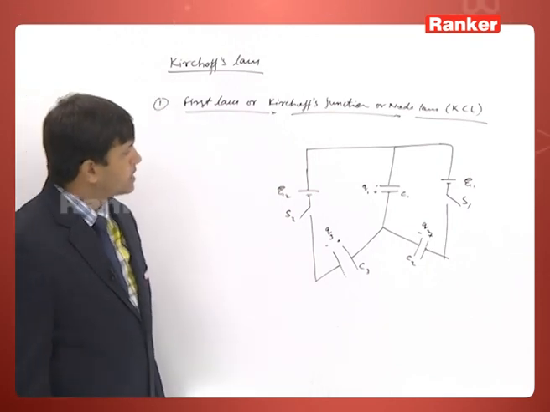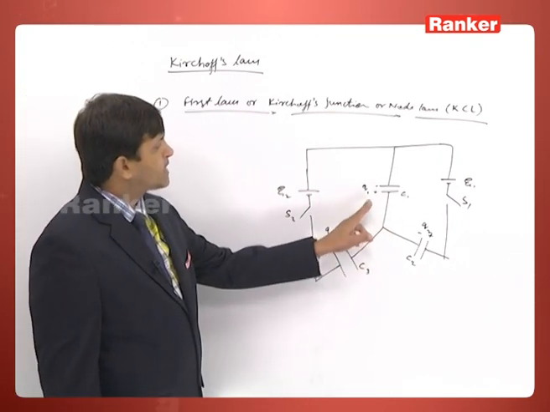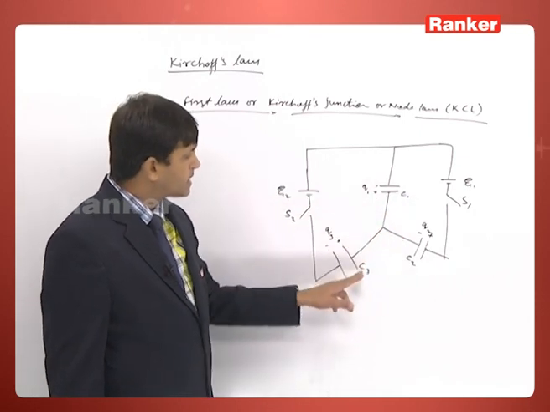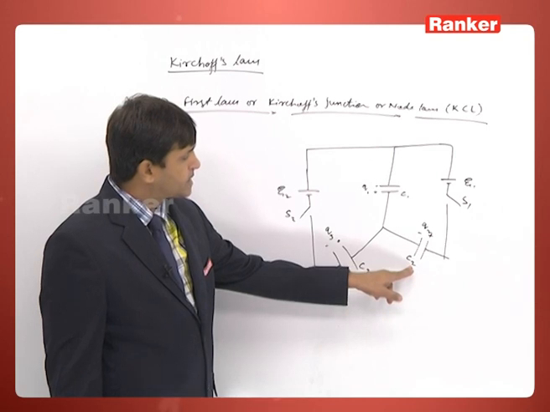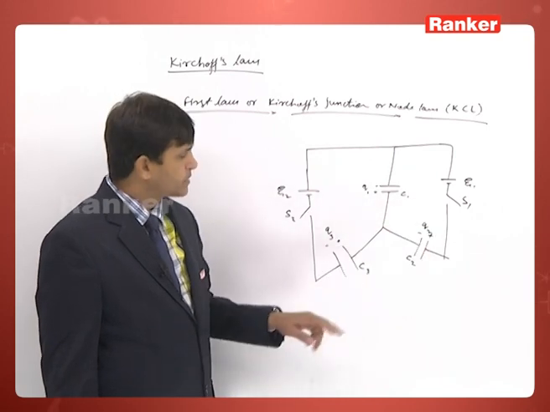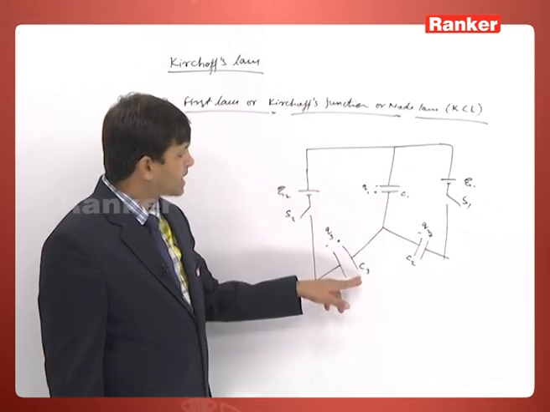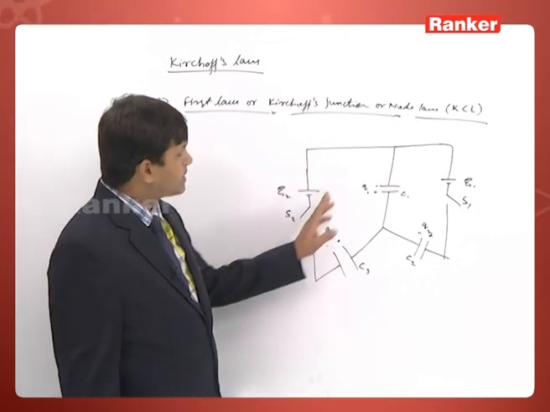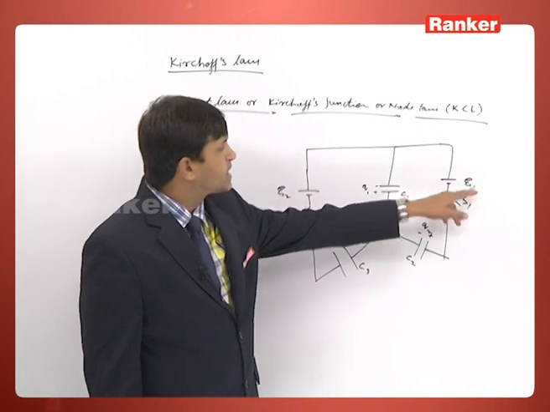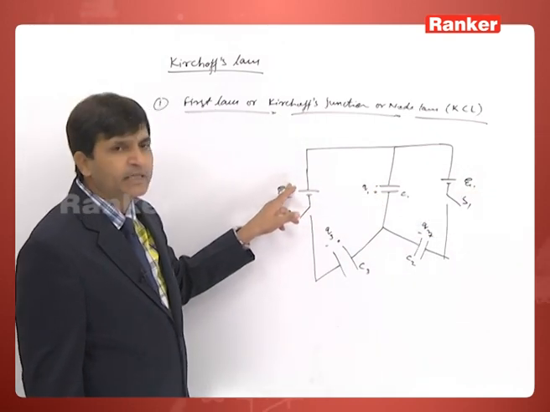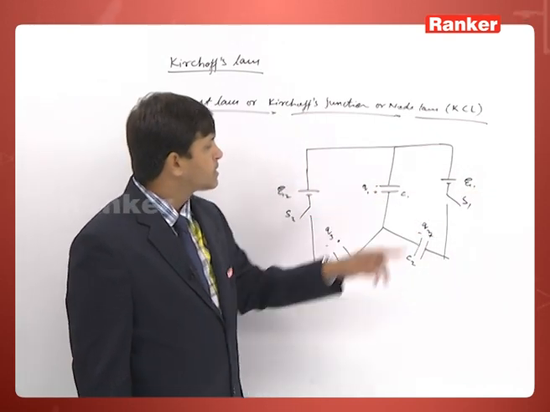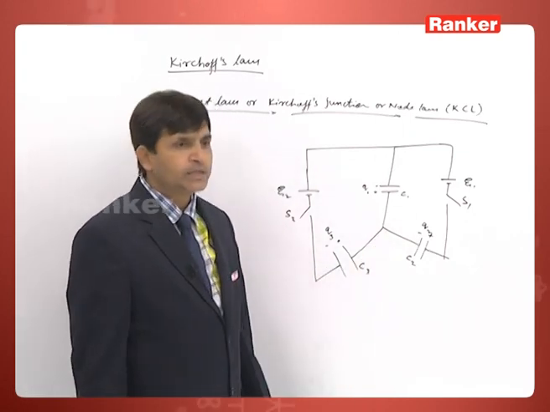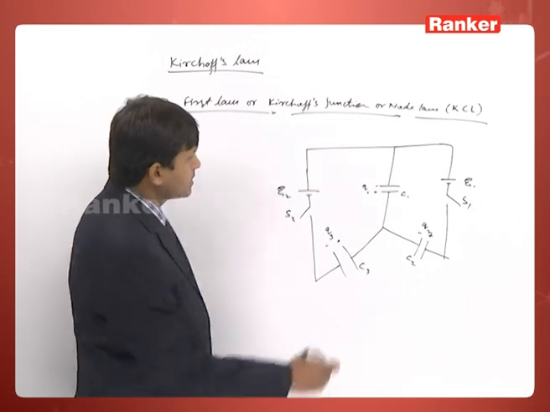So, these are the initial charges: capacitor C1 has charge Q1, capacitor of capacitance C2 has charge Q2, and capacitor of capacitance C3 has charge Q3. These all three capacitors are connected with the cells of EMF E1, E2 along with the keys. Now when the switch is closed, what will happen? So, this is the diagram.